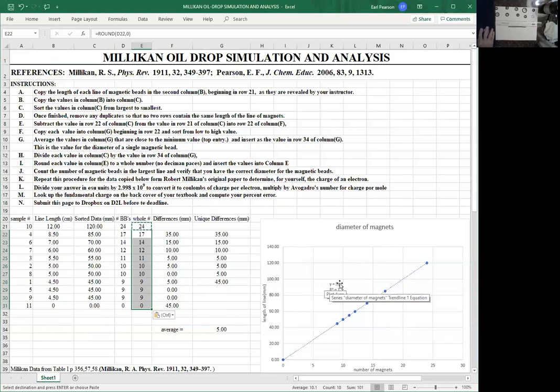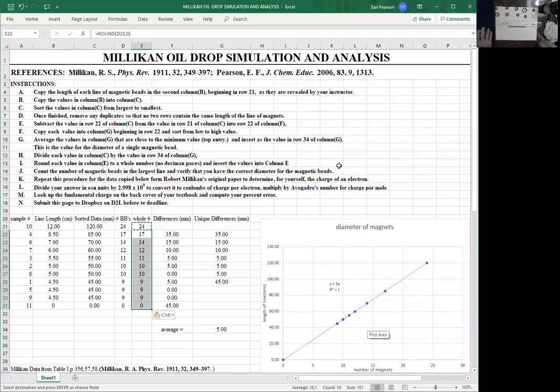The 5 is the size of the magnet in millimeters. And the r² value is 1, meaning there's a perfect correlation between the length of the BBs as we measured them and the number of magnets that's present. So that's outstanding data, of course, and we expected something like that.